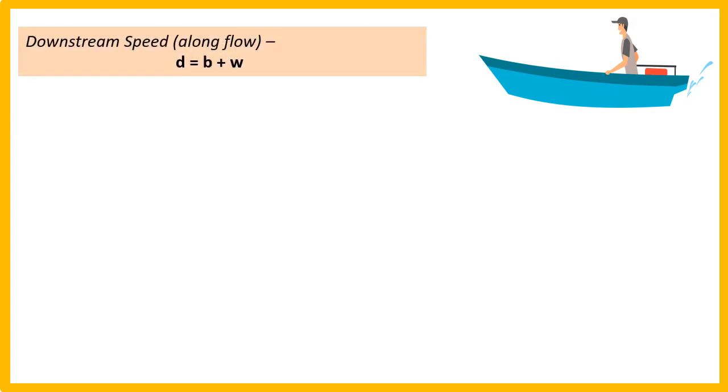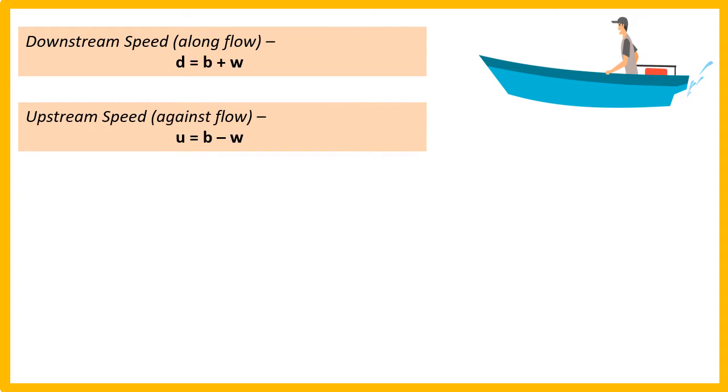So let us summarize this. Downstream speed, that is along the flow, is speed of boat in still water plus speed of water current. Upstream speed, that is against the flow, is speed of boat in still water minus speed of water current or flowing water.